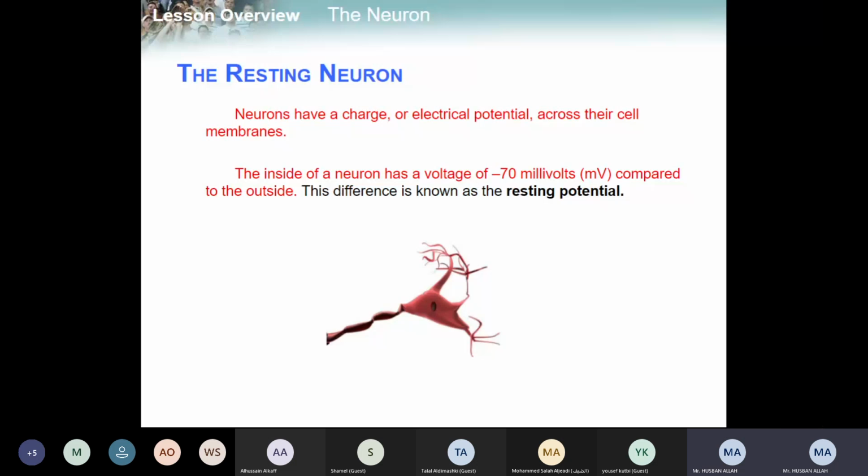So the difference between the outer electric potential of the cell membrane of the neuron and the inside is called the resting potential. Clear?